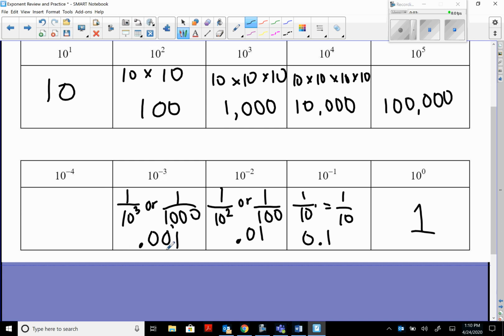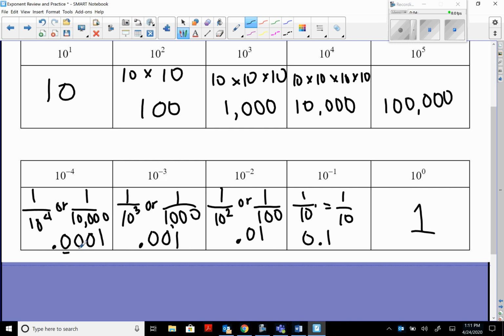And then the last one we're going to do together is 10 to the negative fourth power, which is 1 over 10 to the positive fourth power, or 1 over 10,000. And then again, written as a decimal is 0.0001.